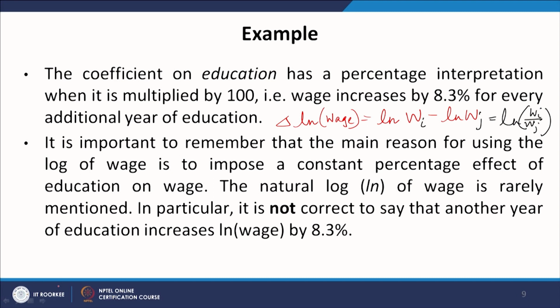The natural log, denoted by ln, of wage is rarely mentioned. So, when we explain the impact of change in education on wages, we actually do not say that with change in education by 1 year, log wage changed by 8%.